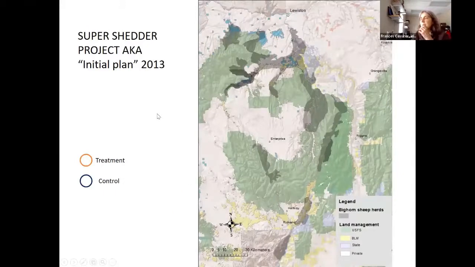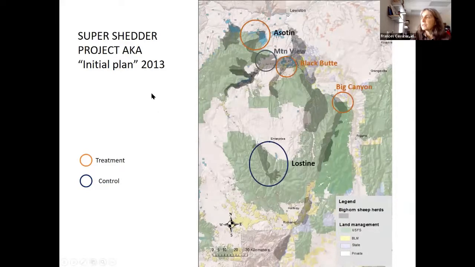So when we first started, our initial plan was to have treatments and controls. As I mentioned earlier, the populations were selected by their accessibility, and most of them were pretty small.